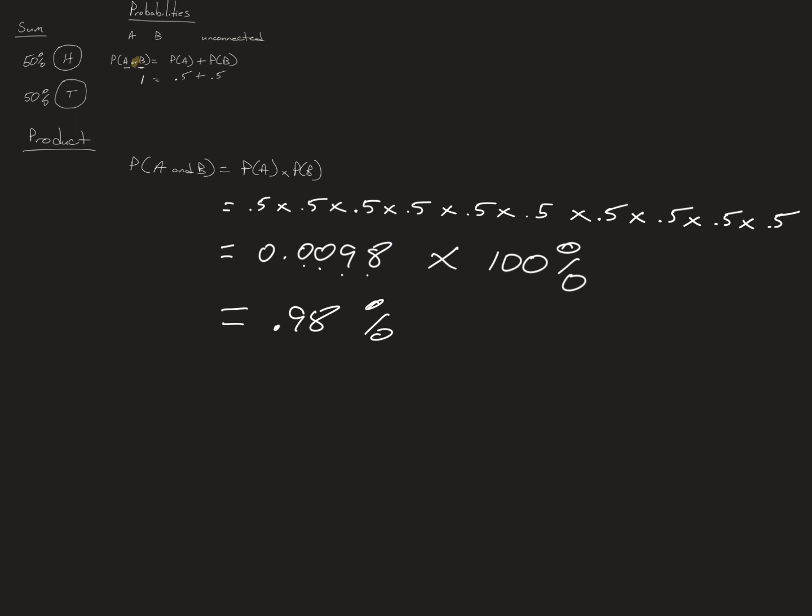It's called the product rule. This is when you're trying to find out if you're going to get head and head and head and tail and head. You multiply the probabilities of each individual event together.